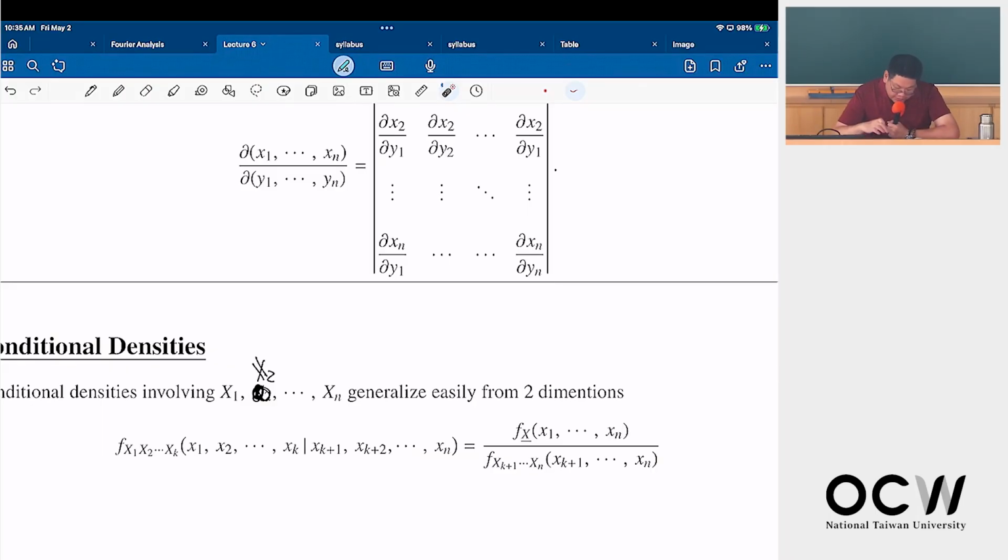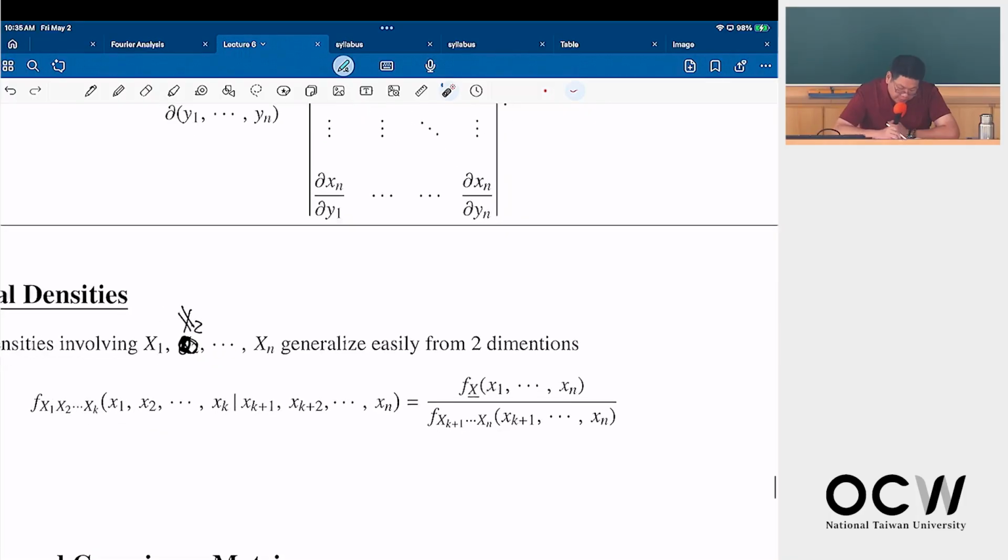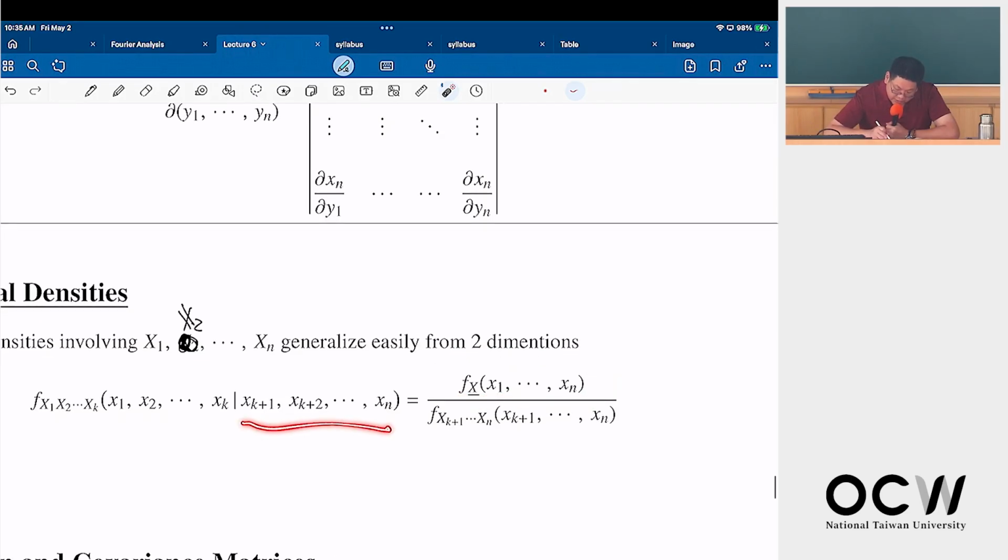So just by the definition, for the conditional PDF, I have a joint PDF divided by another joint PDF, for x_{k+1} to x_n.